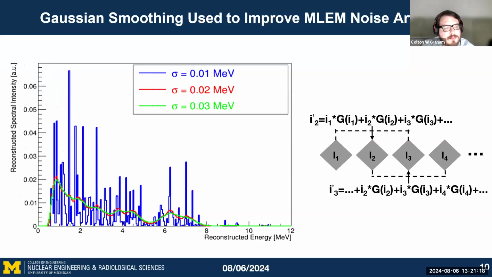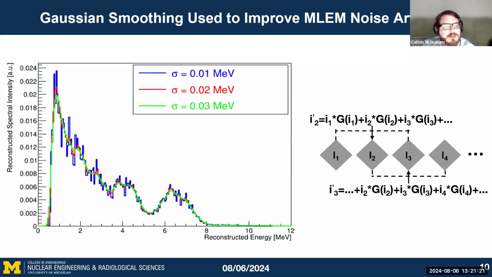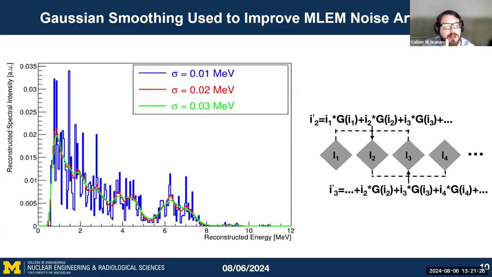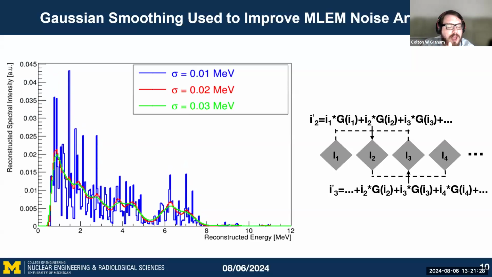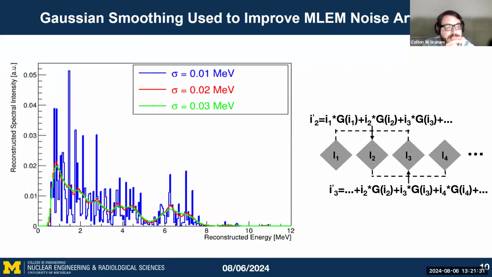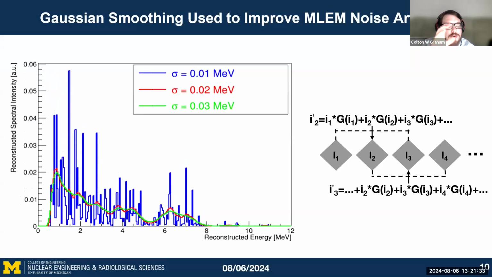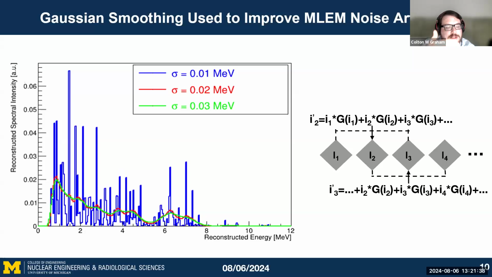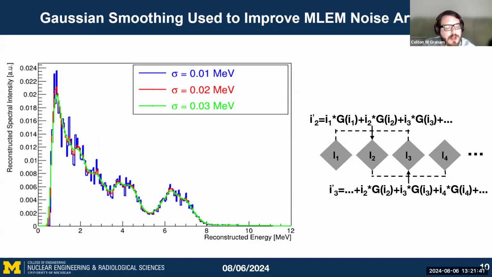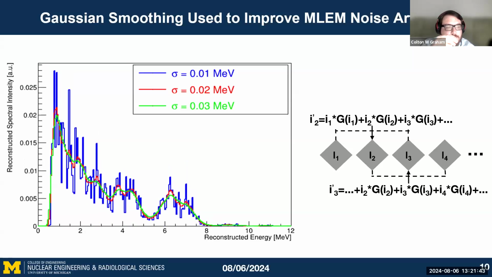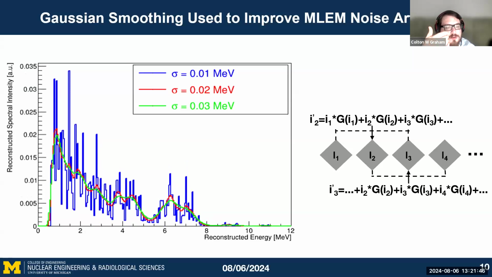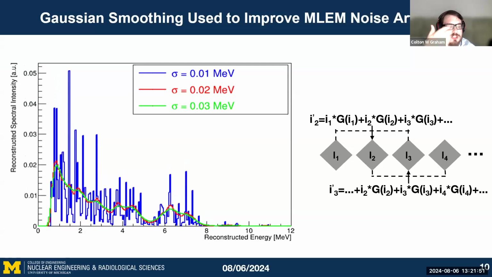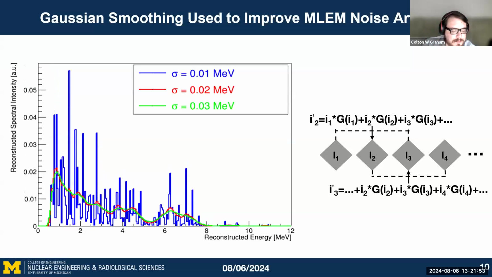And based on toying around with this and testing, we use a standard deviation of this Gaussian kernel between 0.015 and 0.02 MeV. On the left here, we show an example of a measurement from our neutron active interrogation using different standard deviations. And you can see that for relatively low standard deviations, we get this very noisy result that doesn't align with our expectations. While if we use greater degrees of Gaussian smoothing, we get something that better aligns with what we would expect from the true gamma ray spectrum.